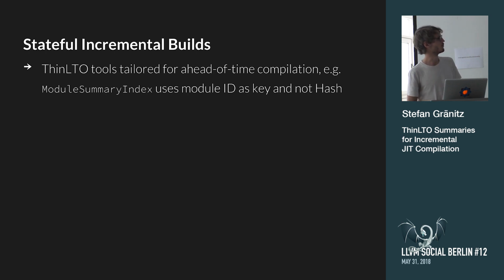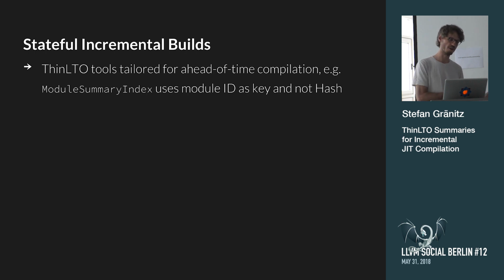And the point here is that the module summary index that we build in the ThinLTO process has keys for its entries that are the module IDs and not the module hashes. With the module IDs, I can find the module very well, and it's all great for ThinLTO.